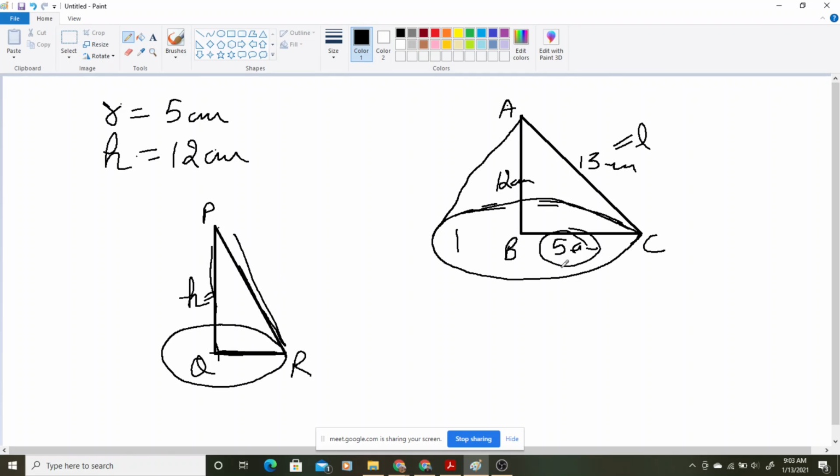So now I have rotated the triangle about the 12 centimeter height. I get height as 12 centimeter, radius as 5. So what will be the volume?